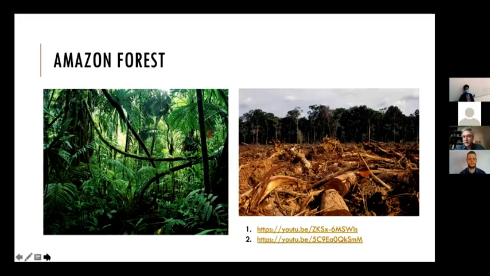Because it's an object, it can be used to extract resources and to make money. So you can chop it all down, as you can see on the right. When you're treating the different creatures of the forest as persons, you have a certain level of respect. You have to respect them, right? You have to treat them well. So you'll be treating the forest quite differently.